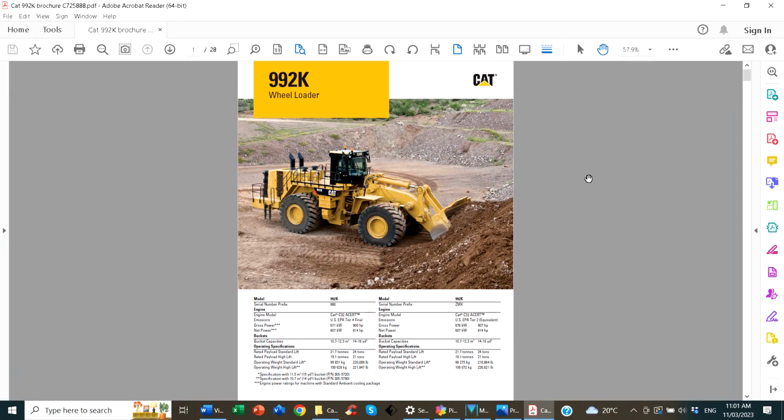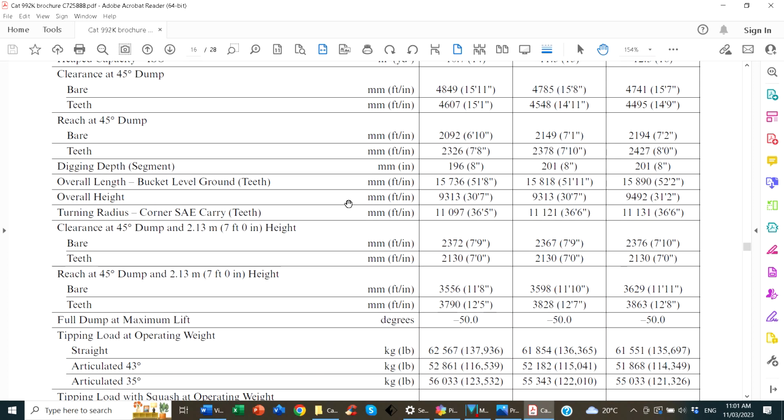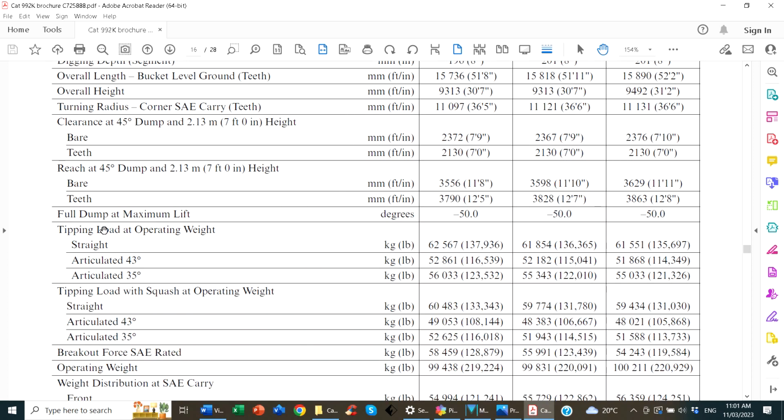But it's not just Franna and crane manufacturers that recognise the problem. Here's a 992 wheel loader, and we're going to zoom in and look at some specifications for it. If I look here, tipping load at maximum operating weight, straight, and then articulated to the maximum.